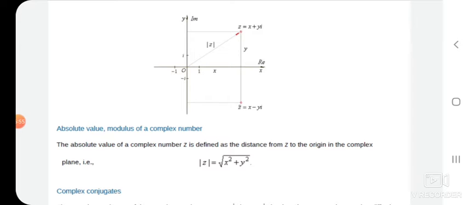The absolute value of a complex number can be represented by mod of z is equal to square root of x square plus y square.